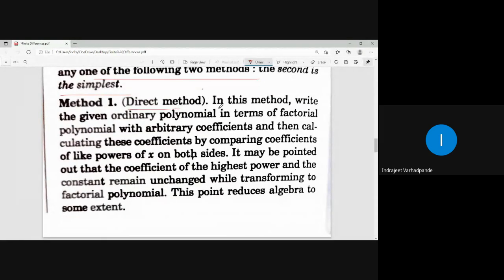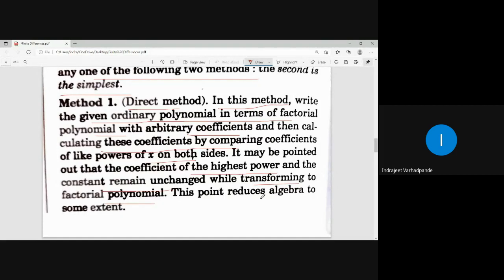It says that in this method, we write the given ordinary polynomial in terms of a factorial polynomial with arbitrary coefficients, and then calculate these coefficients by comparing the like powers of x on both sides. It may be pointed out that the coefficient of the highest power and the constant remain unchanged while transforming to the factorial polynomial.